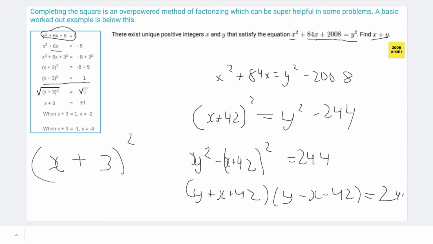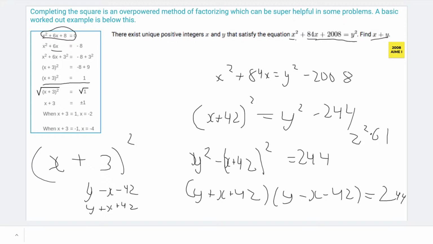And this equals 244. Now to solve the problem, you need to break down 244 and realize that it's just 2 squared times 61. Now we need to think about the problem a little bit. We notice that if we take these as separate factors, y plus x plus 42 and y minus x minus 42, we don't know what they are equal to.